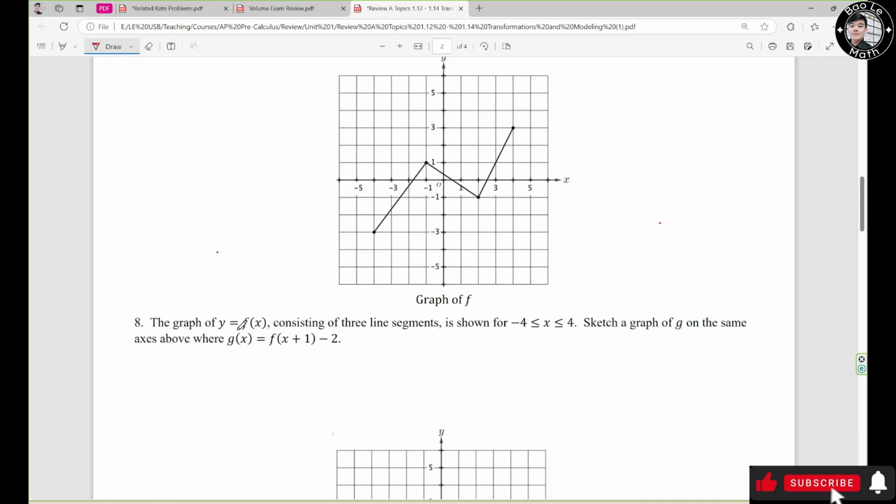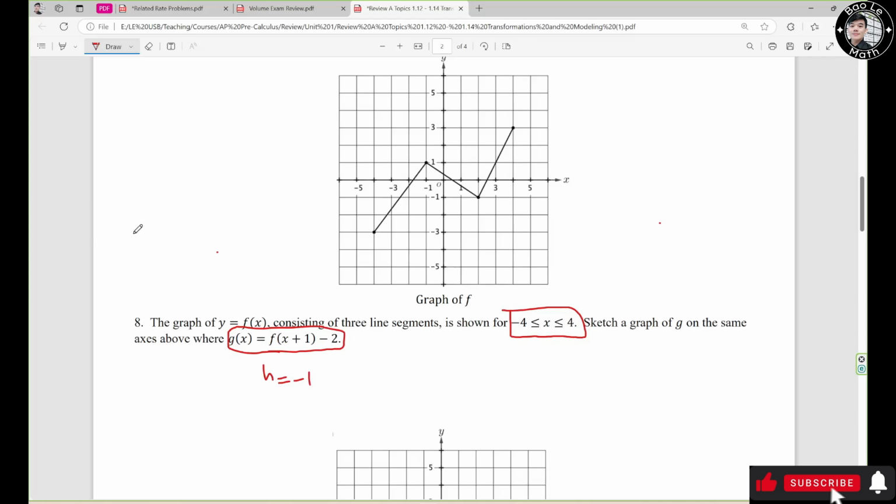The graph of f is given in the x and y coordinate plane right here, within the interval negative 4 to 4, right? The graph of g is f of x plus 1 minus 2. Alright, so observe that h equals negative 1, right?